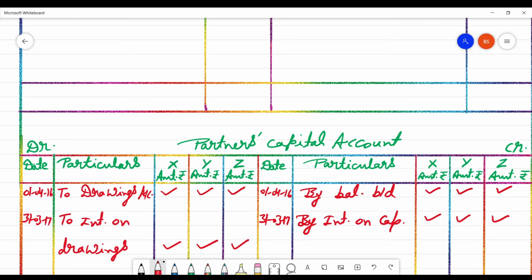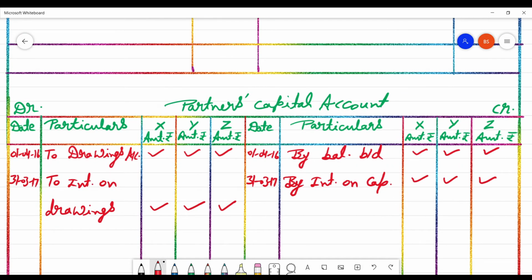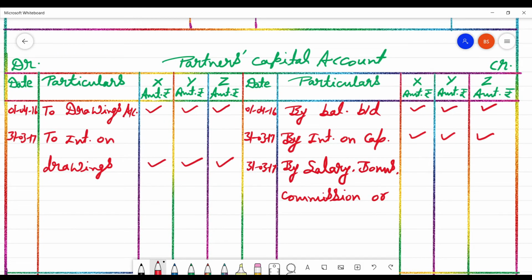If partners' bonus, salary, commission or remuneration is given, we will record it on the credit side of the partners' capital account on the last date. We will write "By salary, bonus, commission or remuneration".